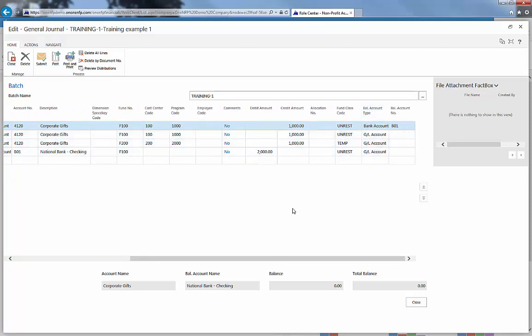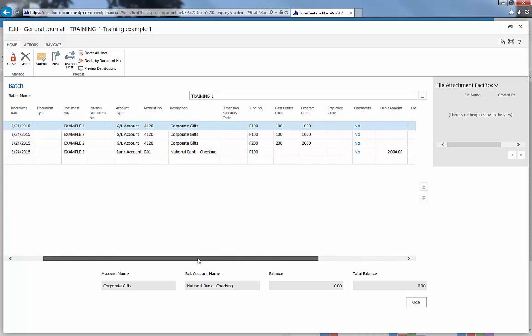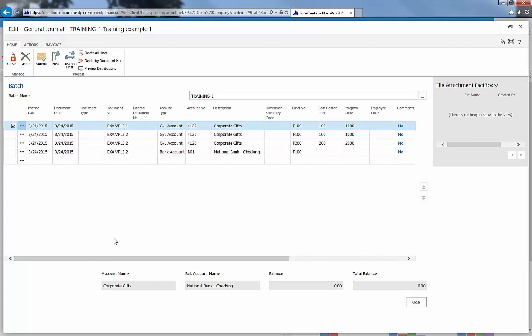So what I'm saying is I'm entering a receipt of a corporate gift, I'm crediting my revenue account, and I'm depositing money into the bank account. As far as the software is concerned, that's a complete transaction. It knows both sides of the entry and it is balanced.